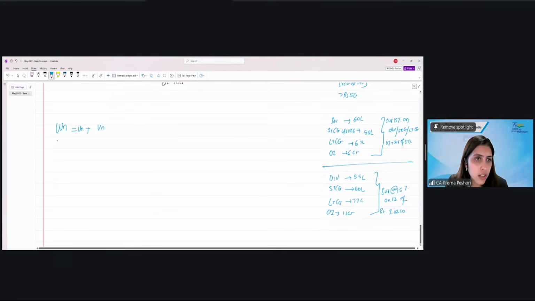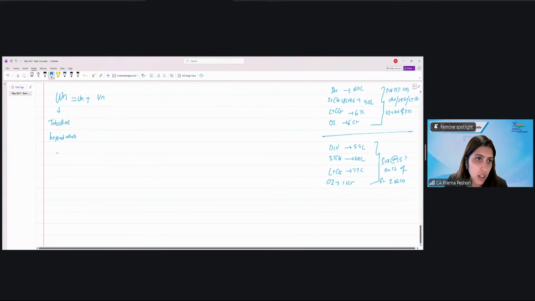So this is the total amount beyond which the total amount payable as income tax and surcharge shall not exceed.